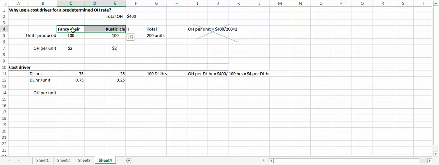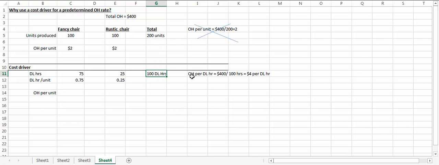We said that the fancy chair requires a lot more work, whereas the rustic chair requires less work. So I'll just come up with these estimates here and say that to produce 100 fancy chairs, it takes 75 direct labor hours, and to produce 100 rustic chairs, it only takes 25 hours. So the production run basically requires 100 direct labor hours for the manufacture of 200 chairs.